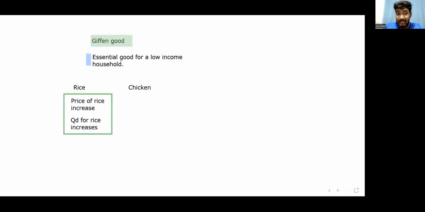Now, for example, if you take rice for this poor household, they are eating basic rice with dal. Let's say right now they are earning only 10,000 a month. Let's say their income increased to 200,000.